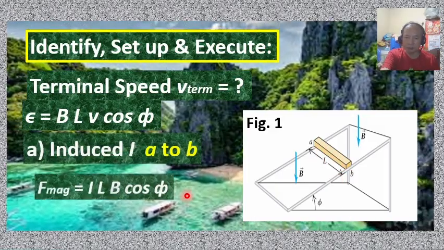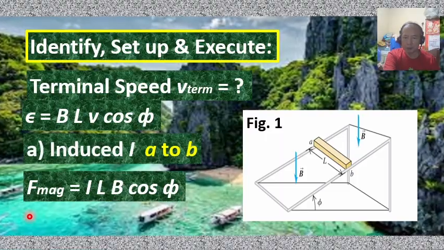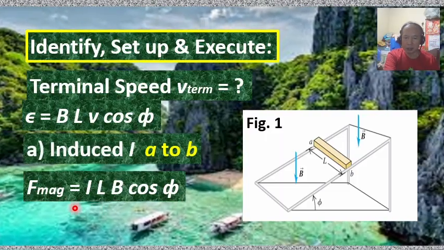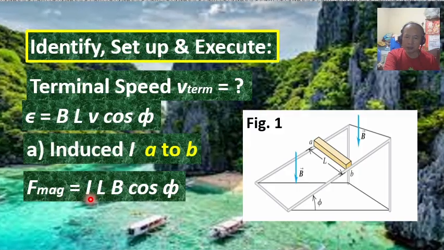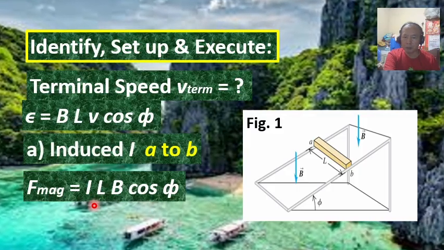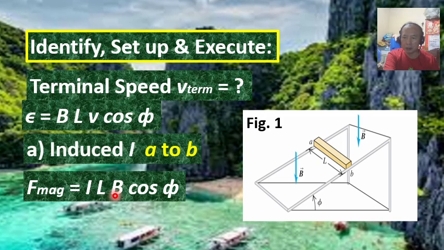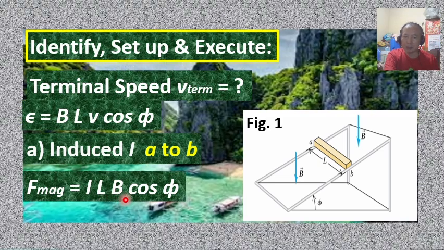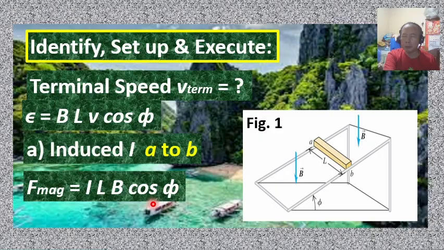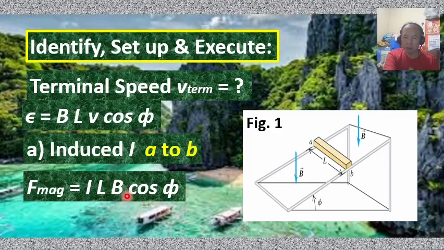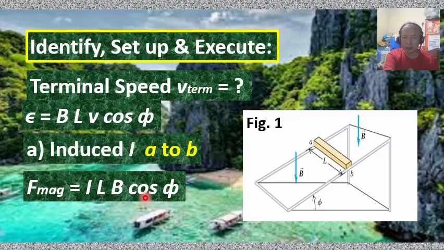And this magnetic force can be expressed in terms of the product of the induced current, capital I, the length of the metal bar, and the component of the magnetic field, B cosine angle phi.